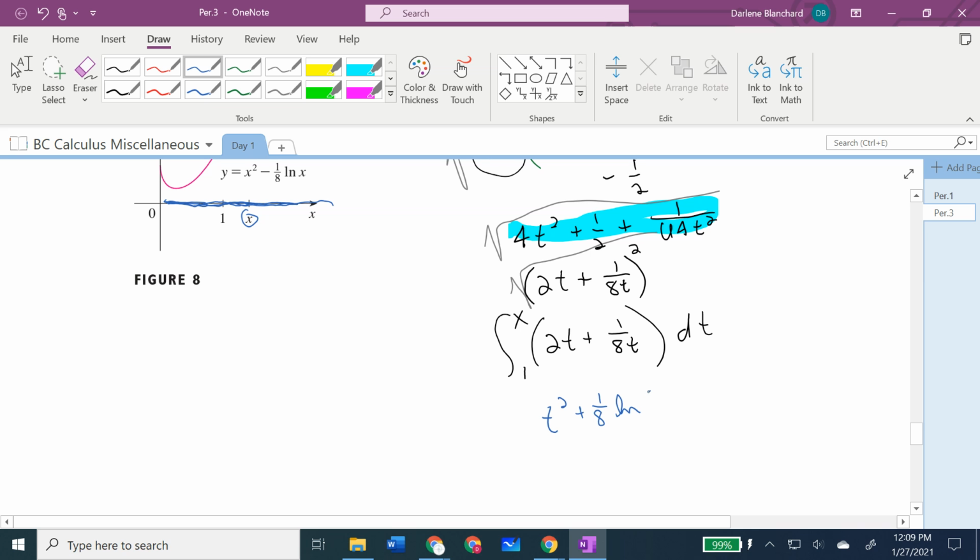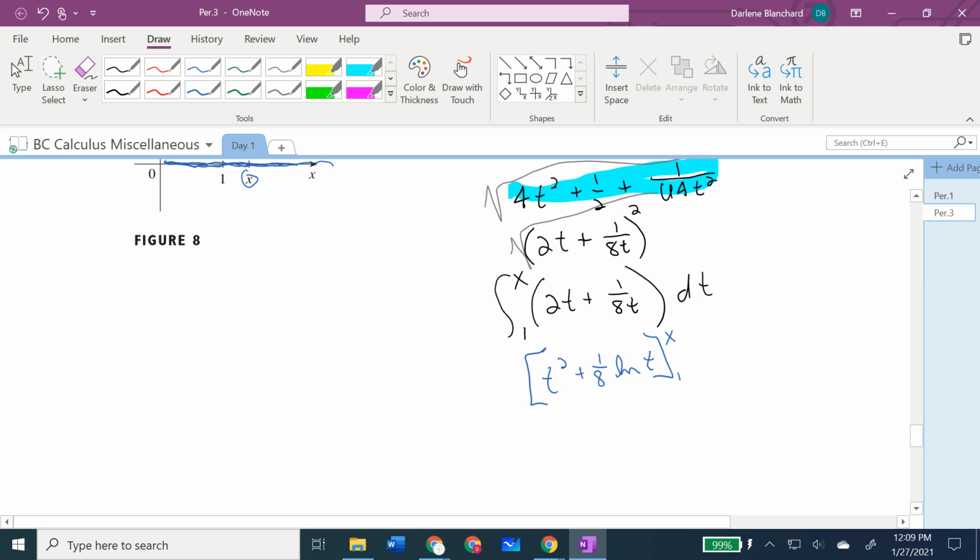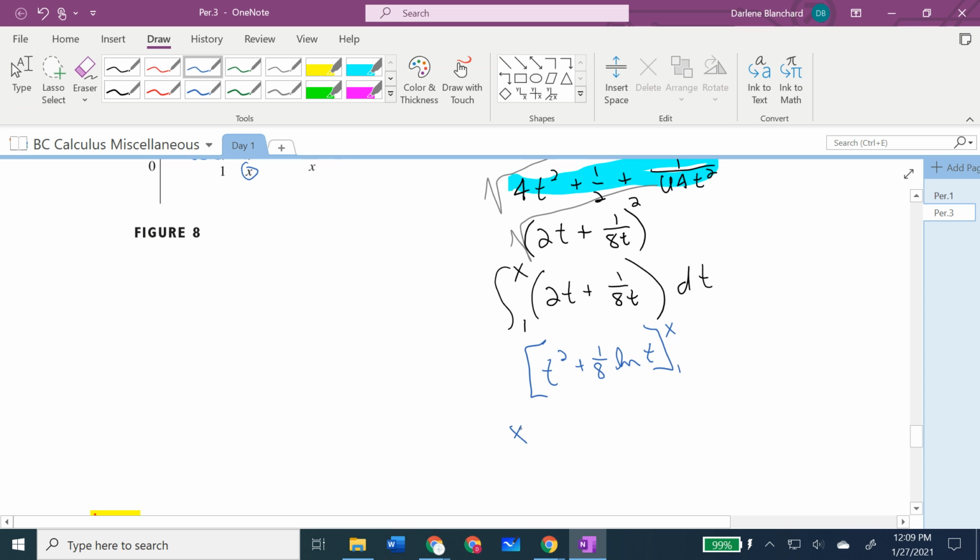Normally absolute value, but the domain we're working with is only positive numbers. Then we need to plug in the x minus plug in the 1. And what is the natural log of 1? 0.